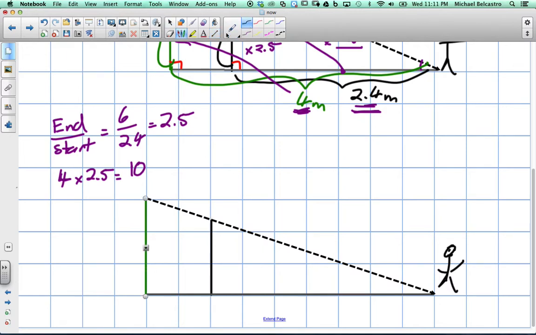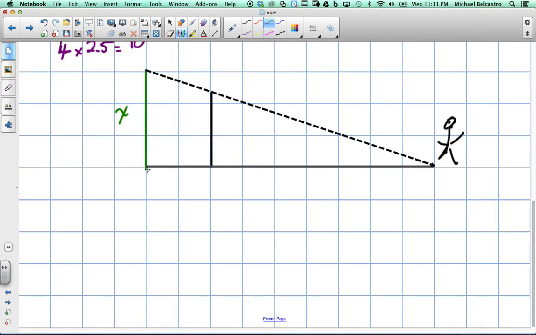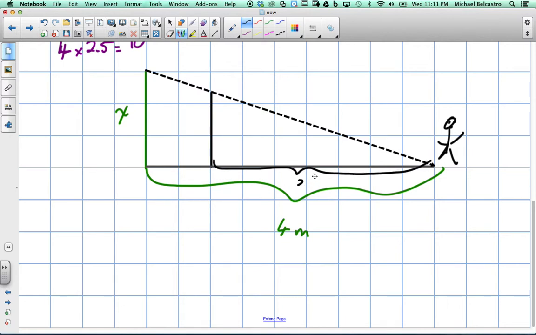Our tree's height is the unknown, but we do know the length of the tree's shadow is 4 meters. And we know the length of the shadow of the flagpole is 2.4 meters. We know the height of the flagpole is 6 meters.